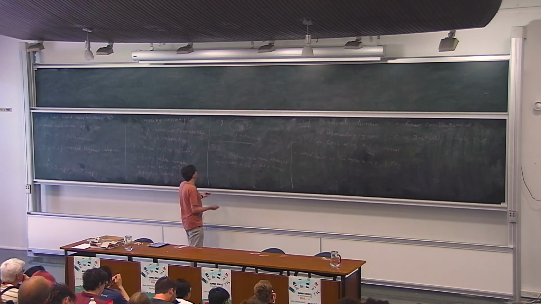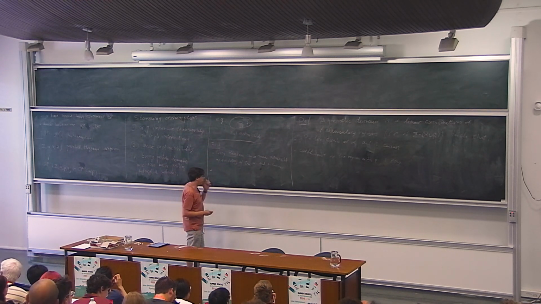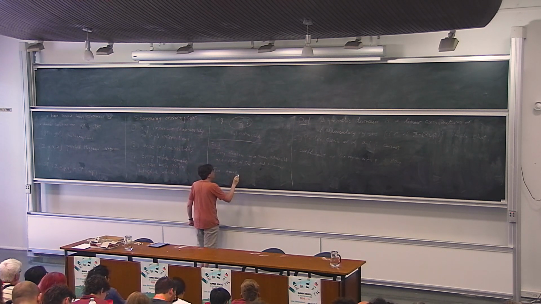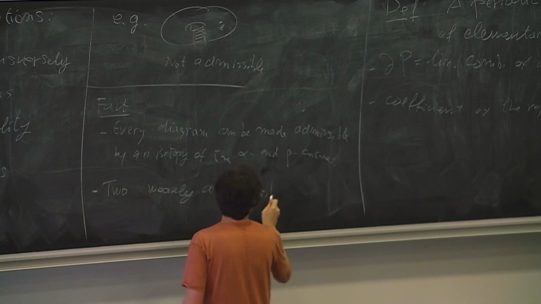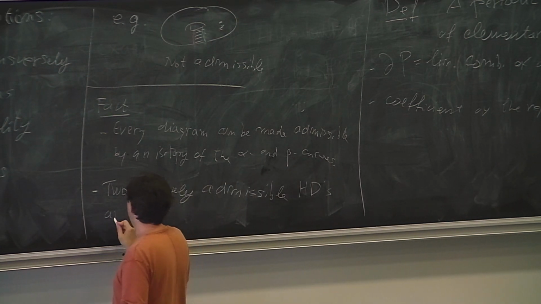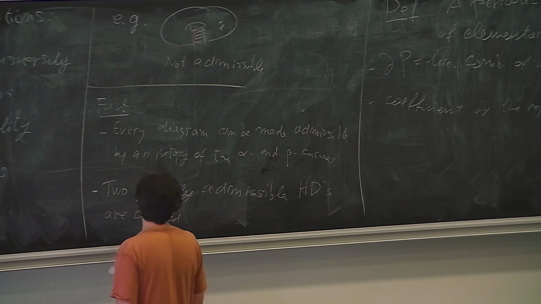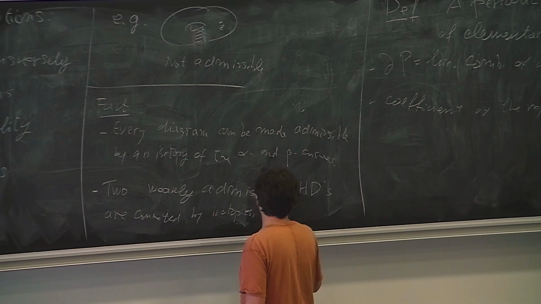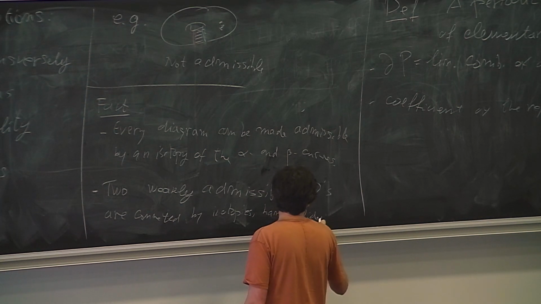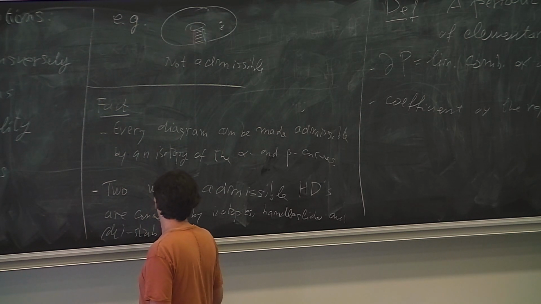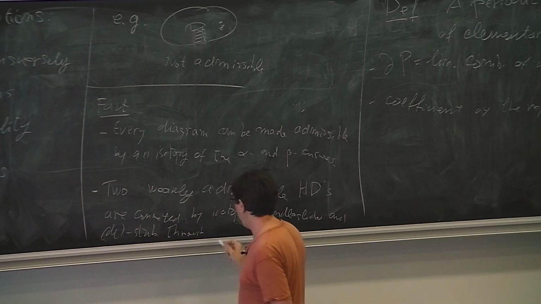And another, slightly more complicated but still kind of elementary fact, is that two weakly admissible Heegaard diagrams are connected by isotopy, handle slides and stabilizations through admissible diagrams.